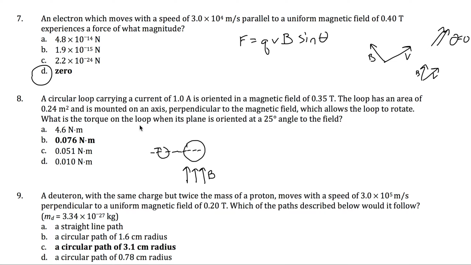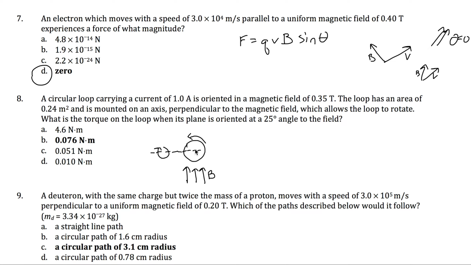So what's the torque? And usually there's always going to be an answer that says 0, because sometimes the answer is 0. But in this case, there's going to be a torque on this loop, because you have a current in here, and let's say the current is going this way. You don't know which way the current is going, but let's say it is going this way.